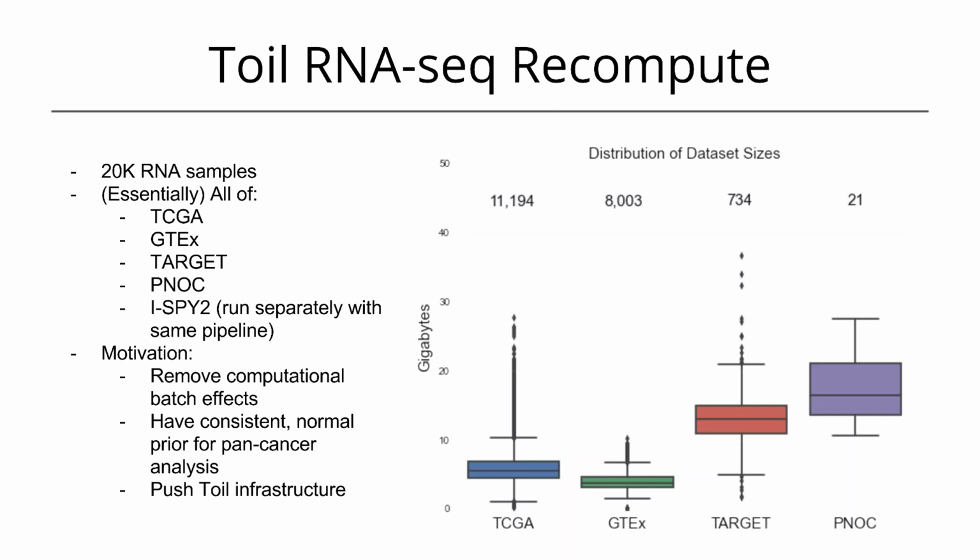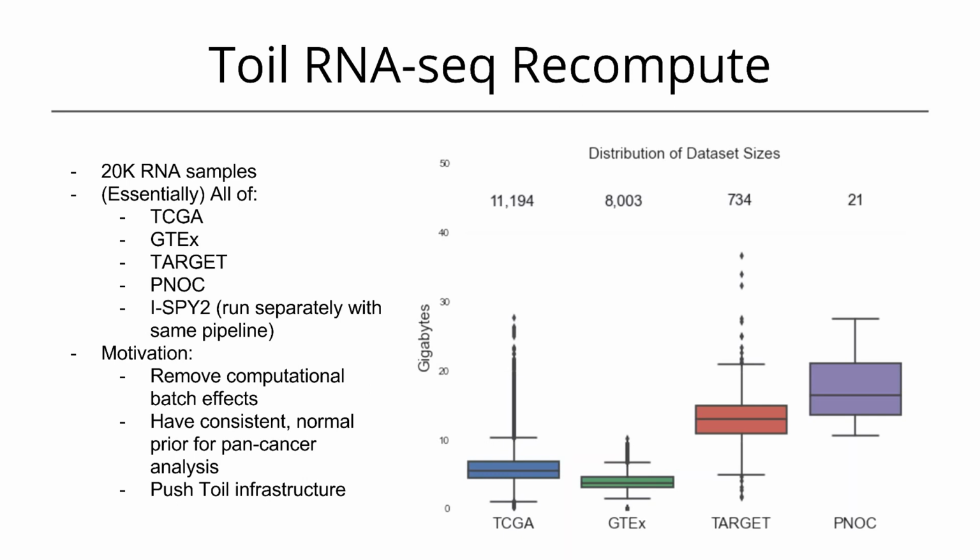But unfortunately, all of those data sets were computed with different pipelines that introduced different computational batch effects. And so to get around that, we realized that the simplest and most direct approach was to just recompute all the data. I think this is an increasingly common theme that would allow us to do cross-comparison between these rich and interesting data sets. So all told, that was 20,000 RNA-seq samples.